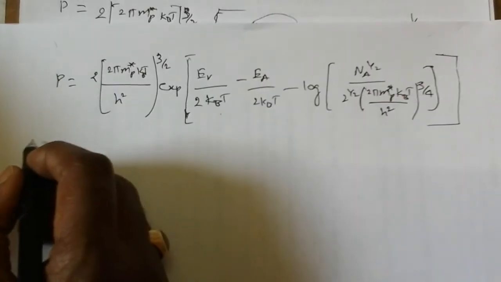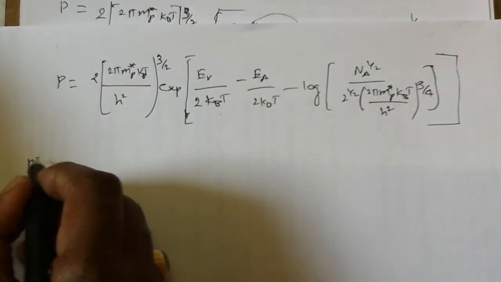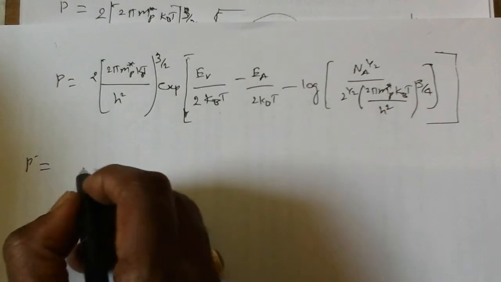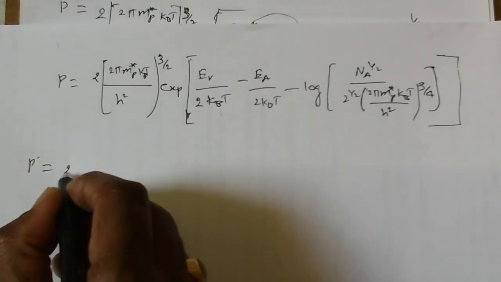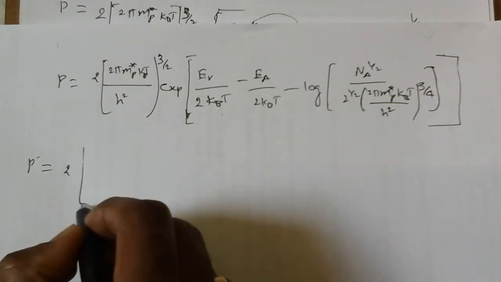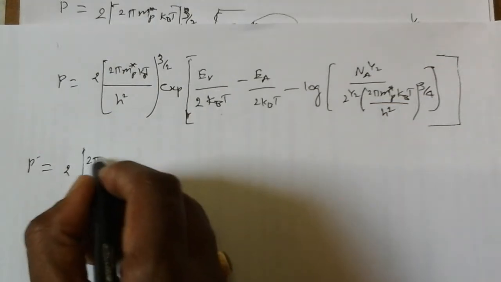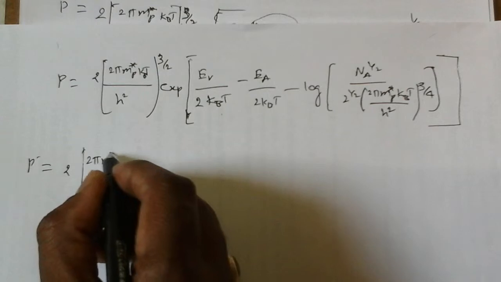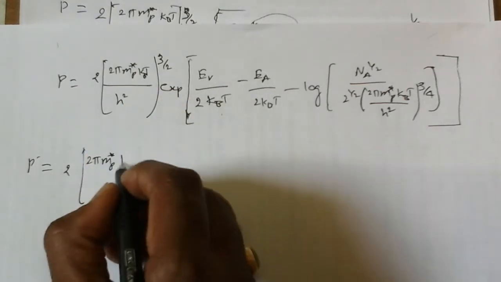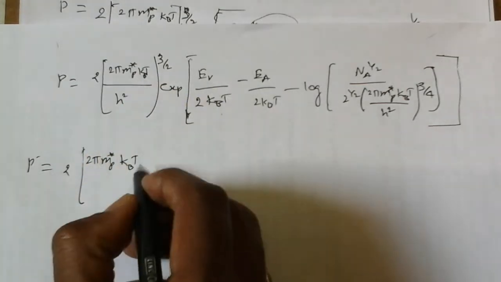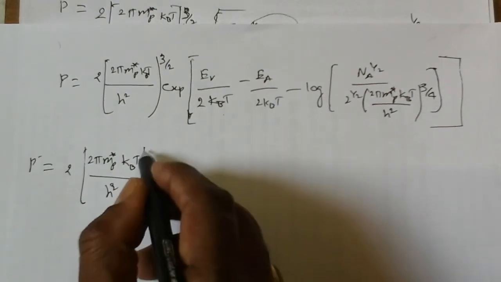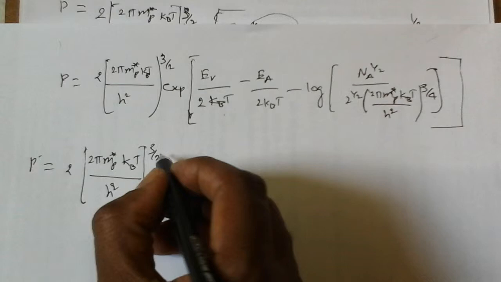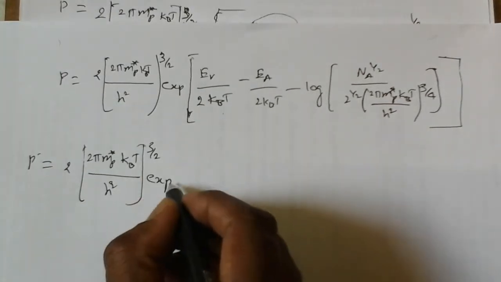Now if I write this one, P is equal to 2 into 2 pi m_p star k_B T as it is by h square, whole power 3 by 2, exponential.